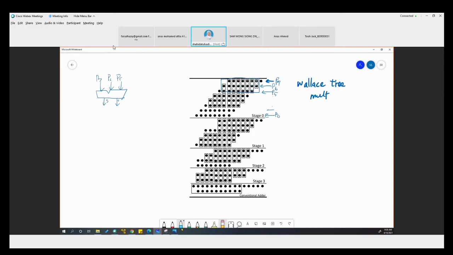It has 3 stages of partial product to be added. These 3 stages will reduce to 2. And what was originally here will now be in this stage.